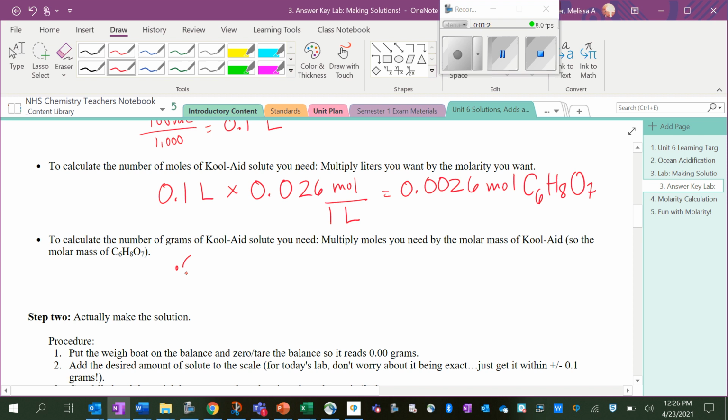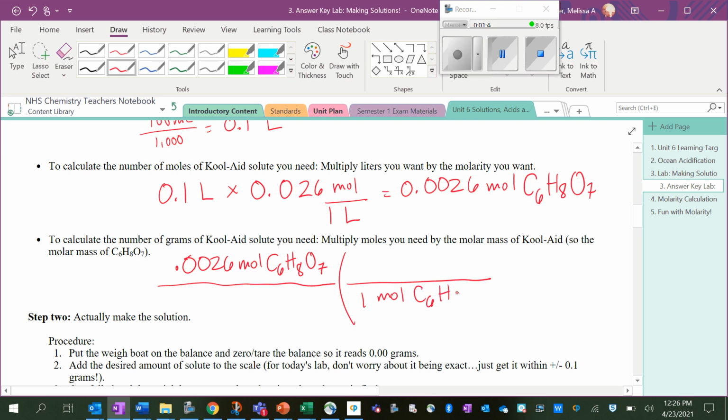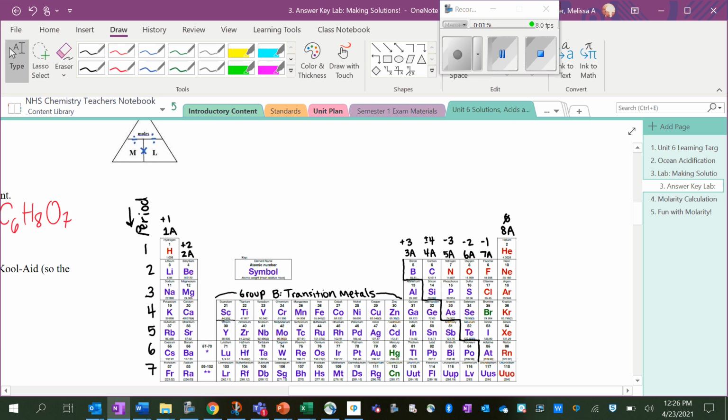Okay, so I want 0.0026 moles of citric acid, but that's not very helpful because the scale is in grams. So I need to convert this into grams. Well, how much does 1 mole of C6H8O7 weigh? I've got to go to my periodic table and add this up.